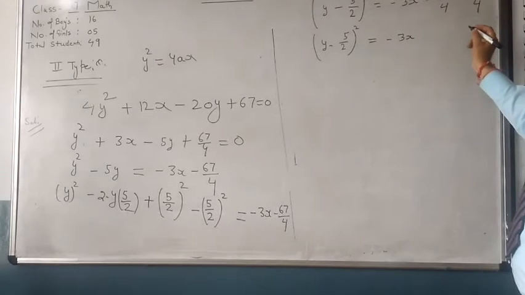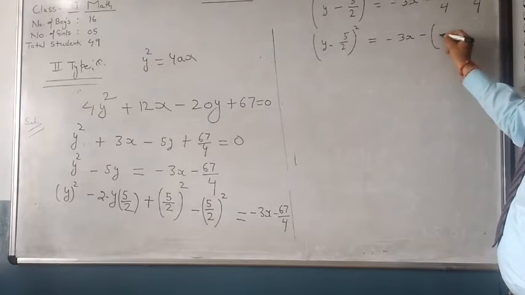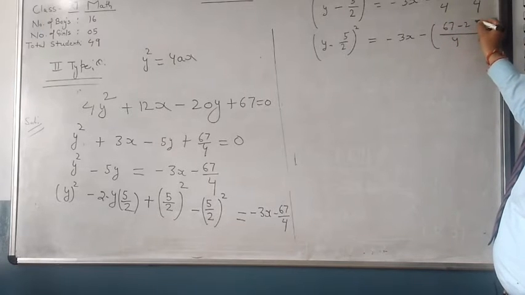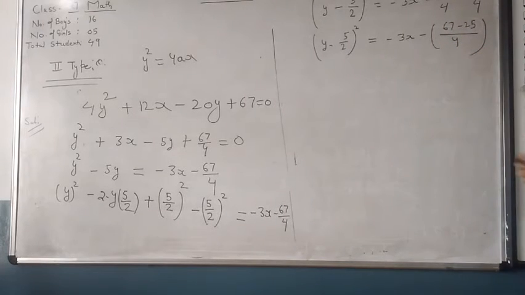minus 3x minus, taking 4 as common, 67 minus 25 by 4.